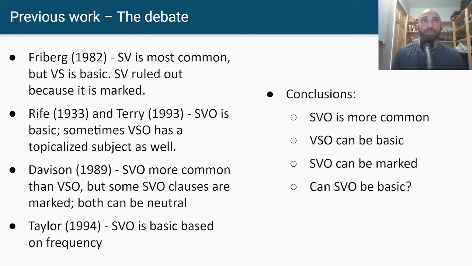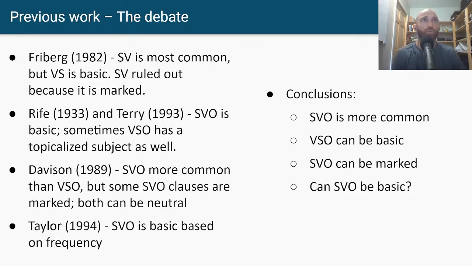And therefore, SVO was ruled out as being basic because it is marked. Okay? So Freiberg wasn't as concerned with frequency, but with something like pragmatically neutral. And so he saw, okay, there are SVO clauses that are pragmatically marked. Therefore, VSO is the basic order.